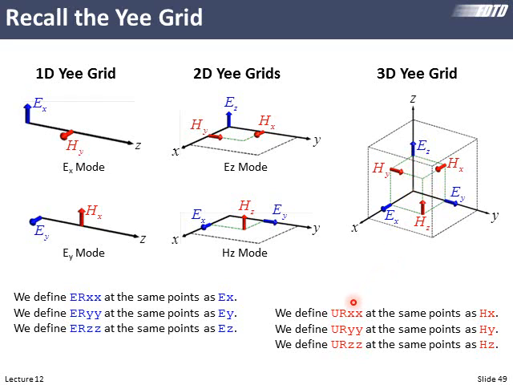And we do a similar thing with the permeability. Mu xx exists where Hx exists. That's up here. And so on. So we're placing our tensor elements with the fields in this manner. So they're staggered, and if we have a material interface sliced through the middle of the cell, they can potentially be different. So we're coming away with 6 arrays, 3 for the permittivities and 3 for the permeabilities.